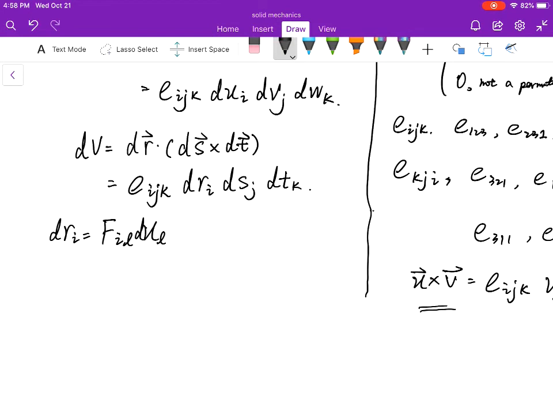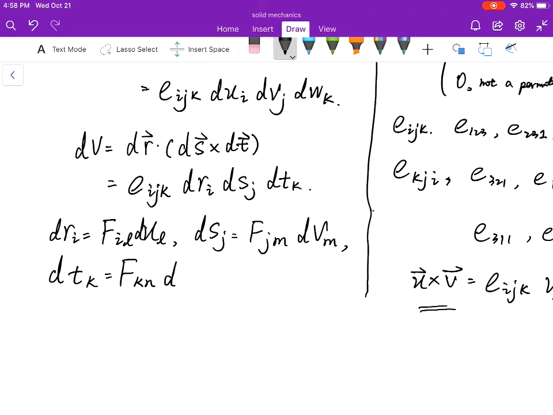Similarly, we can write ds_j equal to F_jM and dV_M, and also dt_k equal to F_kN and dW_N. That's it.